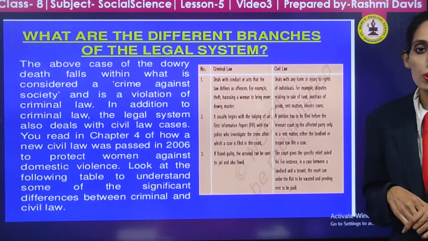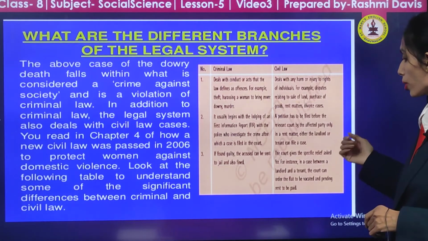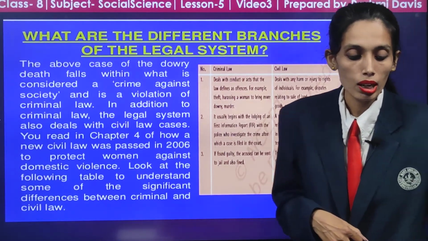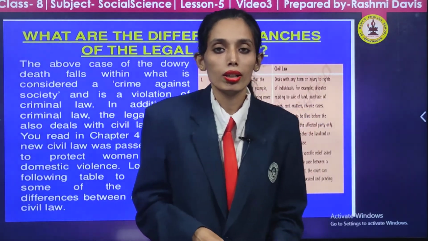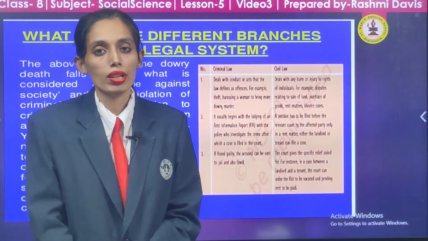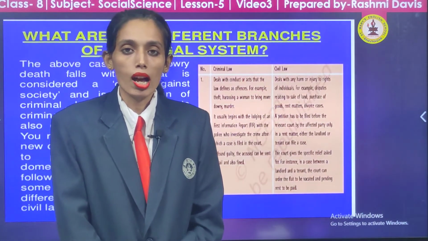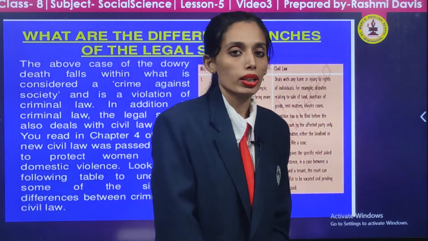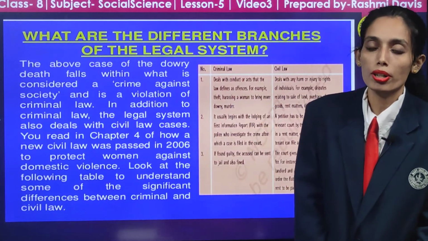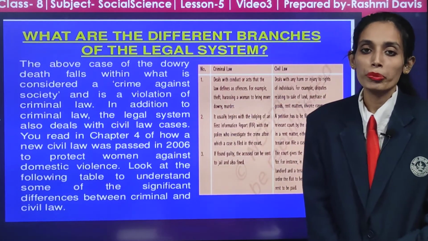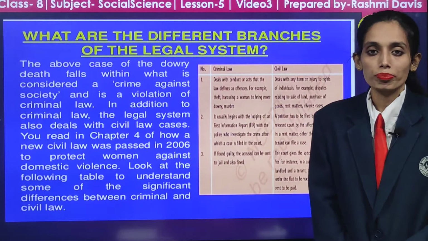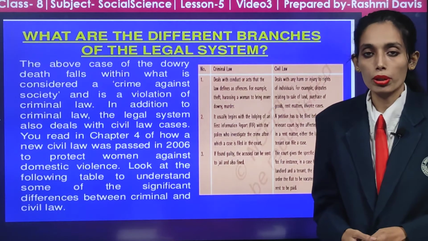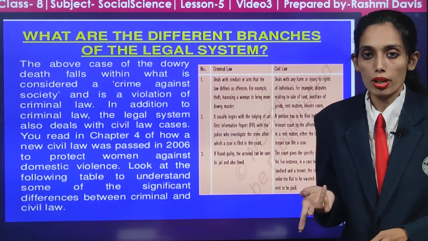Whereas in civil court, the court gives a specific time period. For example, take a person staying on rent at a landlord's house, and the landlord demands extra money, maybe after 3 months charging 1,000 or 2,000 more. In such cases, the tenant can file a case and get justice from the court. It can also be vice versa.